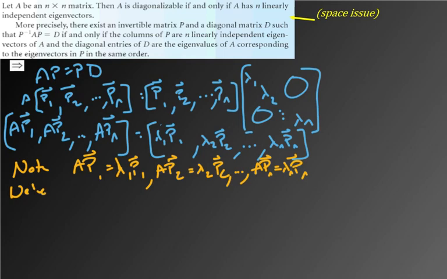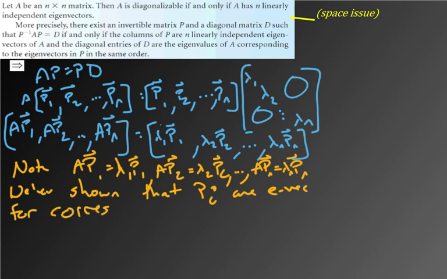So we've shown that the Pi are eigenvectors for corresponding eigenvalue lambda i, right? So that's important. We've done one part of what we need to show up here.